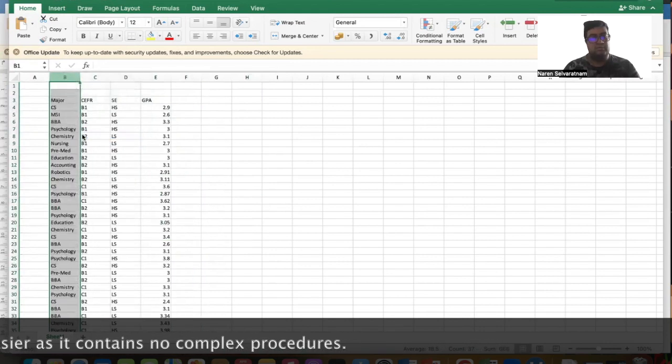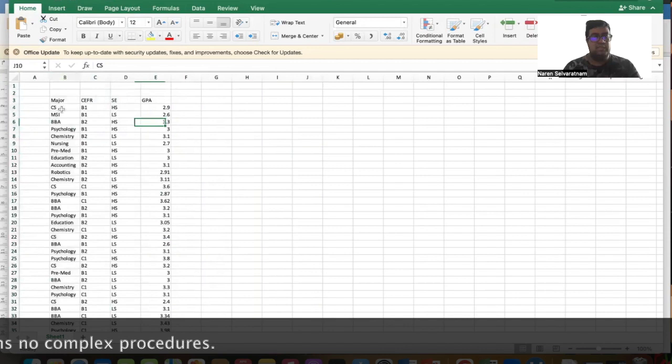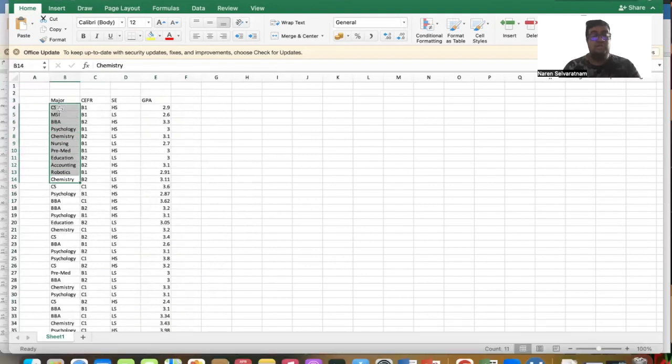I don't need it. Now, I told that CS up to CS2 chemistry, these are 10 different degree programs. You can either substitute these manually, or if you know how to enter this with different Excel formulas and all of that, that is also all right. But I'm just going to go with a bit of a manual method.